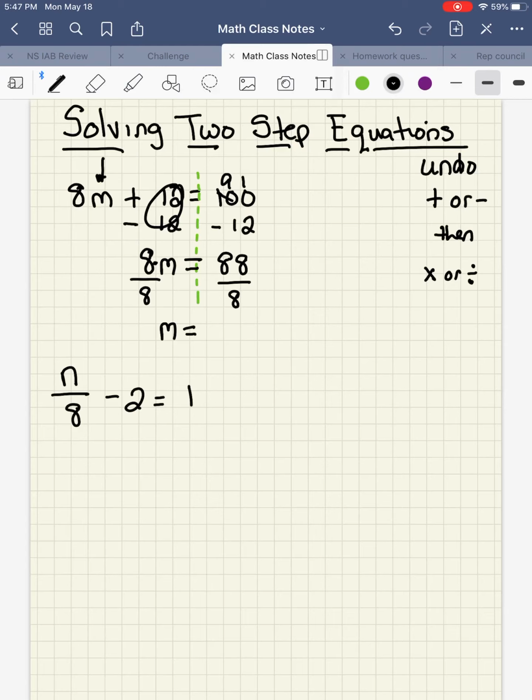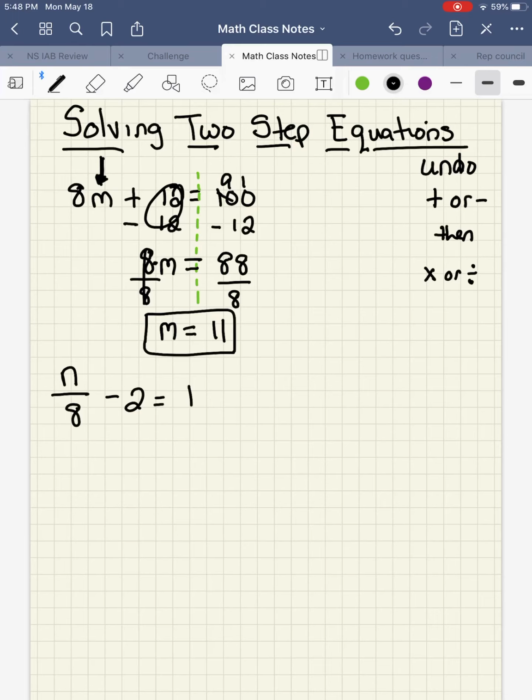So 8 divided by 8 is 1, and 1 times m is m, so the 8 is gone. On this side, 88 divided by 8 is 11. And look at that, there's my answer. Solving this equation, m was equal to 11. If I wanted to check my answer, I could take that 11 and plug it back in up here. I'm not going to go through that step today, but that's how you check your work.